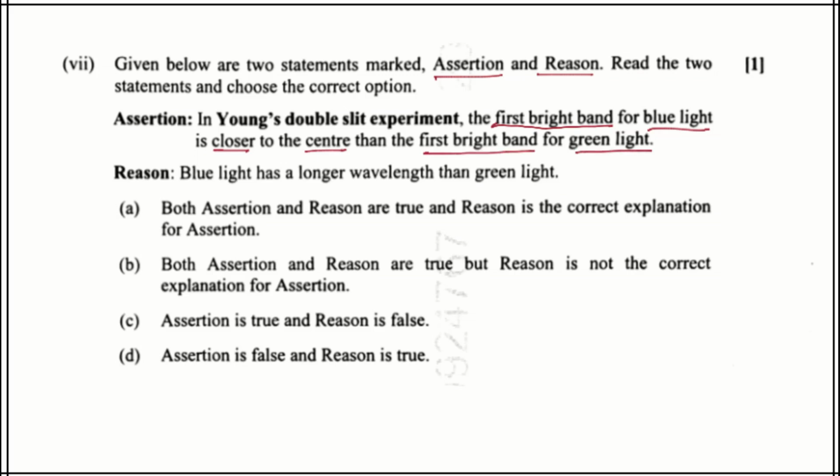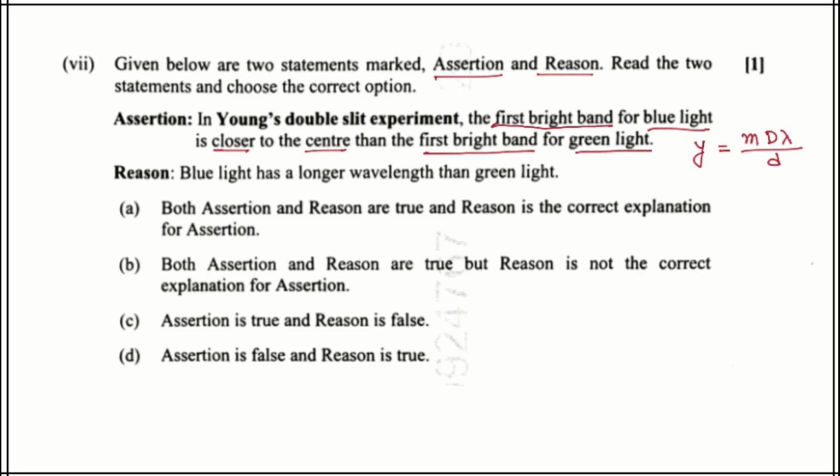As we know, the relation is y equals m times D lambda by d. This is the expression for the particular band distance from the central maximum.